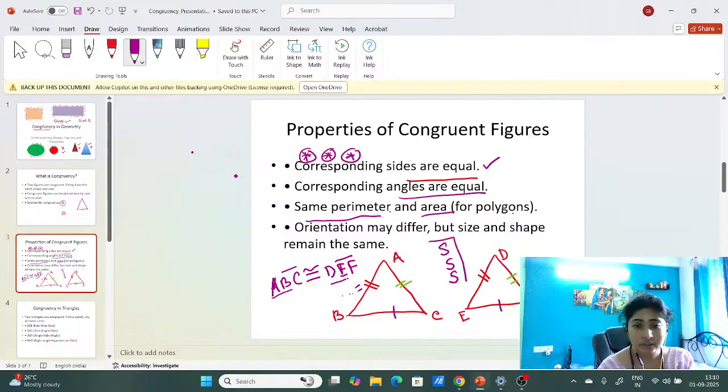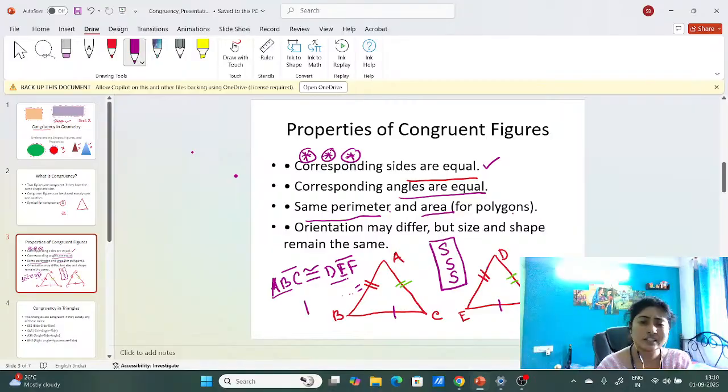So the property is known as SSS property. If we can observe this SSS property between two triangles, we can say that these two triangles are congruent. So if my three corresponding sides of two triangles are equal, they will be congruent. That is one criteria.